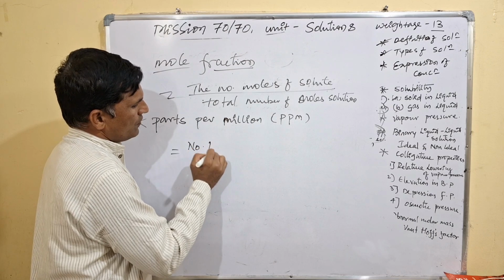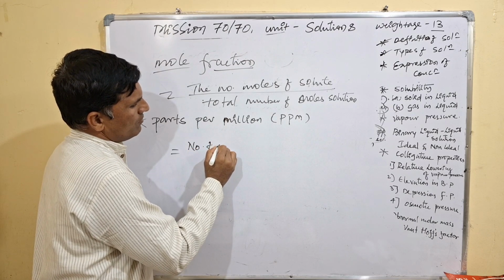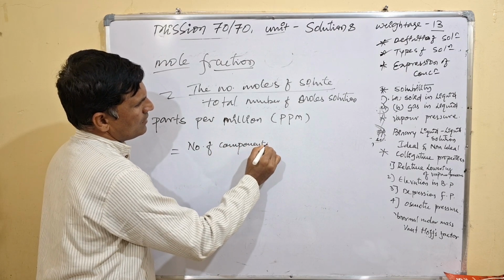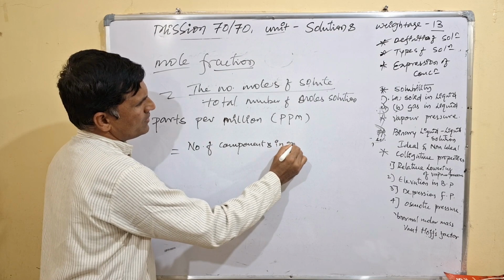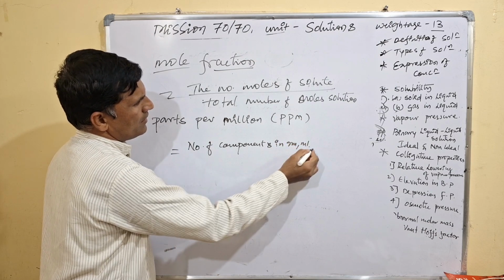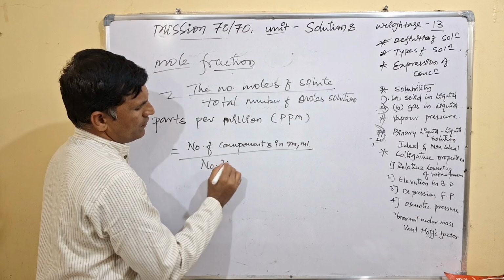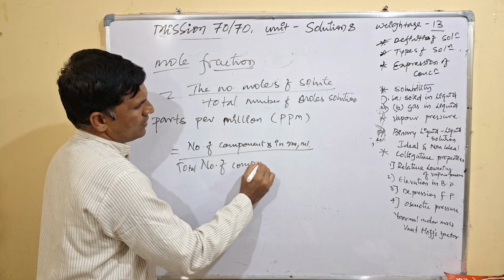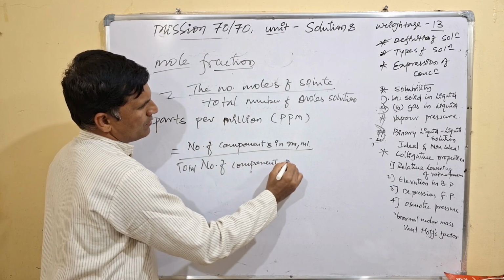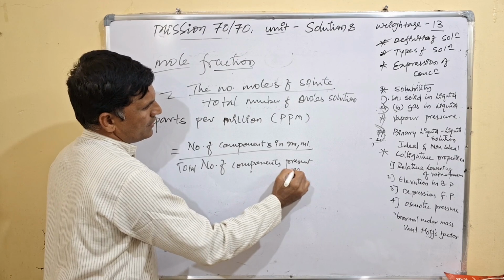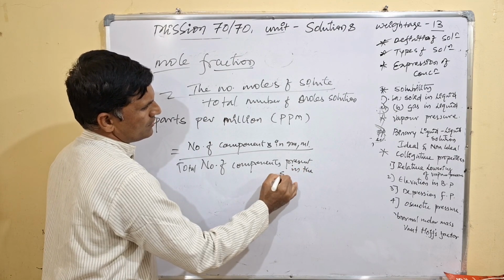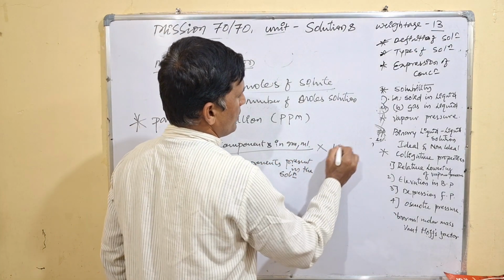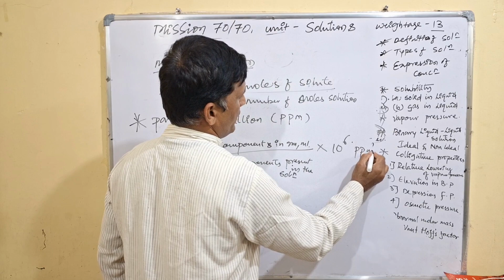Number of components in grams or in milliliter by total number of components present in the solution, okay, into 10 to the power 6, then it is called ppm.